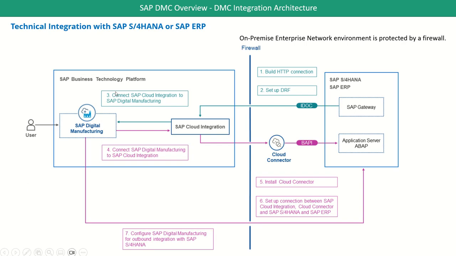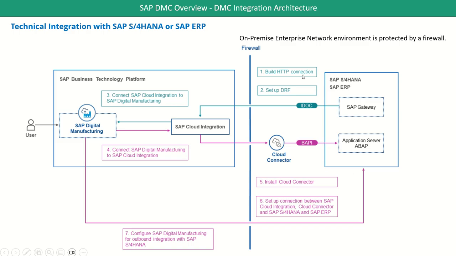Coming to the next integration scenario, this scenario shows how SAP DM will be connected to the SAP ERP system. This is the SAP ERP system and it is available on premise.